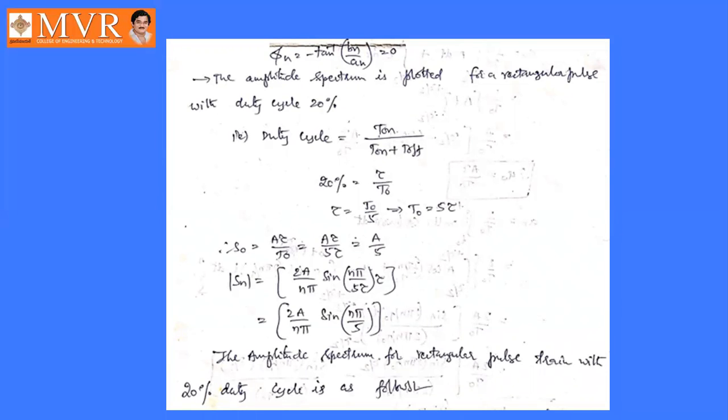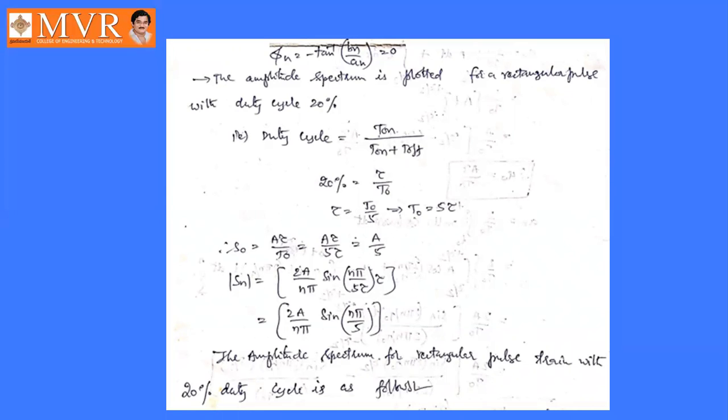So the amplitude spectrum is plotted for a rectangular pulse train with the duty cycle 20%. First of all we will draw the amplitude spectrum for the rectangular pulse with the duty cycle 20%. What is the formula for duty cycle? Duty cycle equal to T on by T on plus T off. So duty cycle 20%, T on is tau, and T on plus T off is T naught.